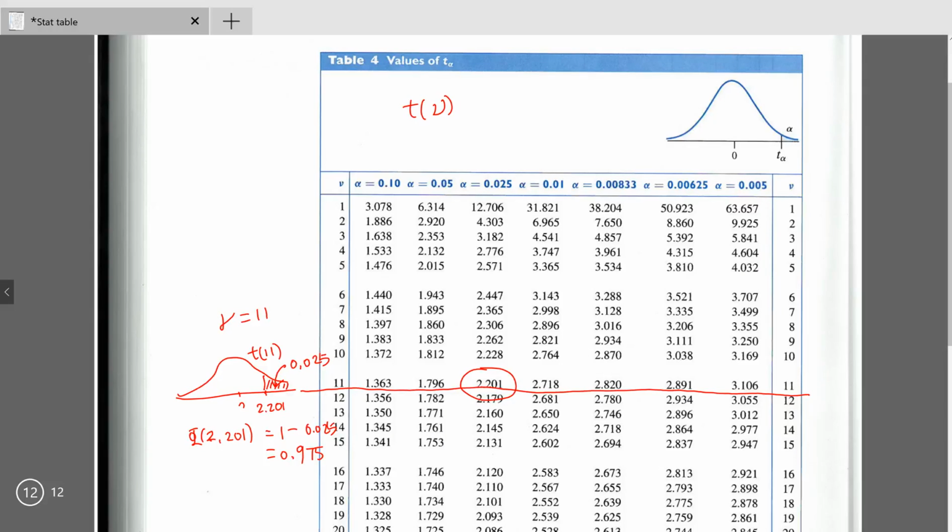We're going to do a little bit more work because this is not a complete table of CDF values where, given any z value, they give you the CDF value. This is not the case. This is t alpha values. For a number, you know the alpha, and alpha is the area on the right-hand side of the t alpha value. So this is special compared to the previous tables we have learned.